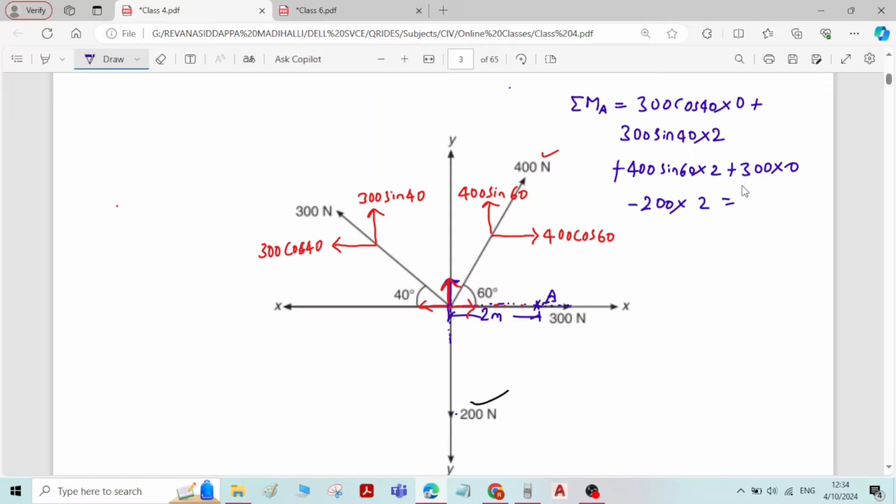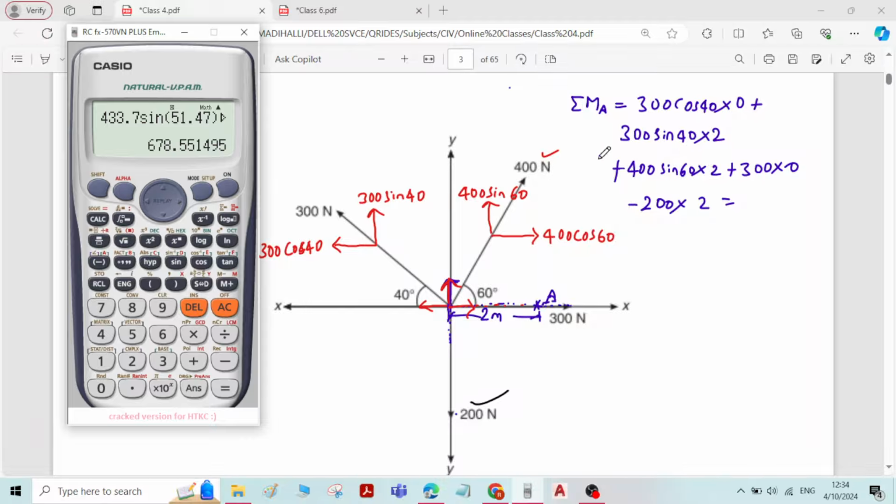So let us calculate the answer. 300 cos 40 into 0 becomes 0. Then 300 sin 40 into 2 is 600 sin 40. Then 400 into 2 into sin 60 means plus 800 sin 60.